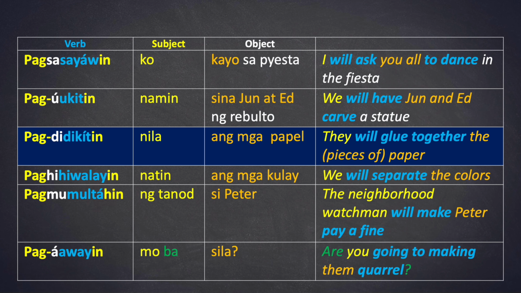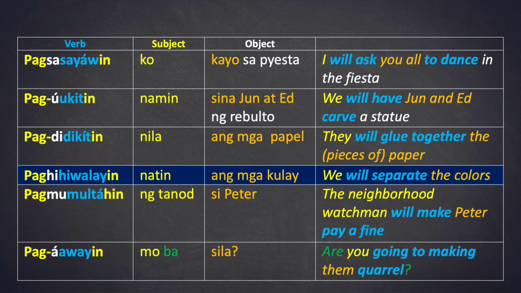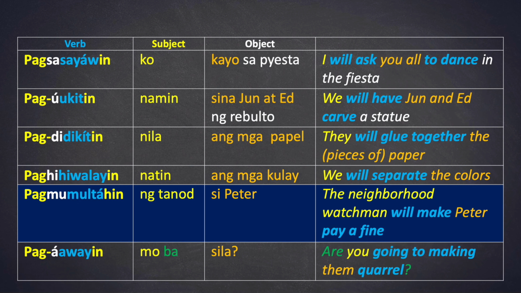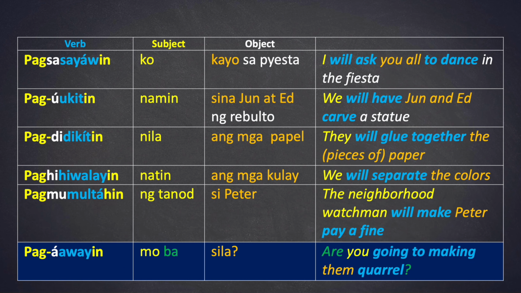Pagdidikitin nila ang mga papel. They will glue together the pieces of paper. Paghihiwalayin natin ang mga kulay. We will separate the colors. Pagmumultahin ng tanod si Peter. The neighborhood watch will make Peter pay a fine. Pag-aawayin mo ba sila? Are you going to make them quarrel?